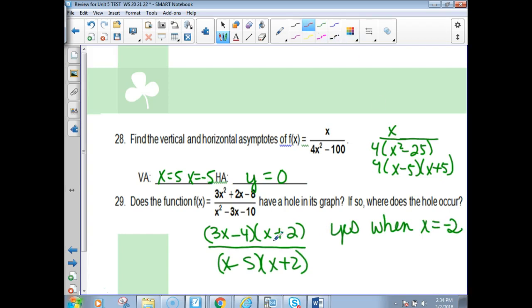So I'm going to cancel out those negative 2 factors, and then plug in negative 2 here so I can tell where that hole is. Might be a weird number. Some teachers don't make you do this part, but 3 times negative 2 minus 4 would be negative 6 minus 4, negative 10, over denominator negative 7. So that's going to be positive 10/7.